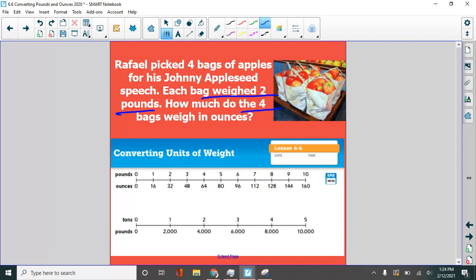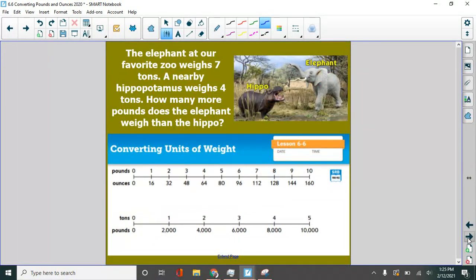My first step was 2 times 4. My second step is to look right here, because 8 pounds, 8 times 16 is 128. In a complete sentence, the 4 bags weigh 128 ounces.